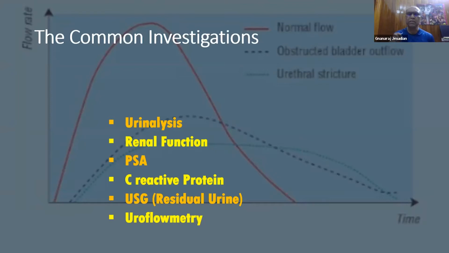Now, recently we added this test called C-reactive protein because this would indicate there is some amount of inflammation. And then we'd like to do an ultrasound to see if there is any residual urine. And if available, uroflowmetry. These are the common investigations that are necessary for evaluating BPH.